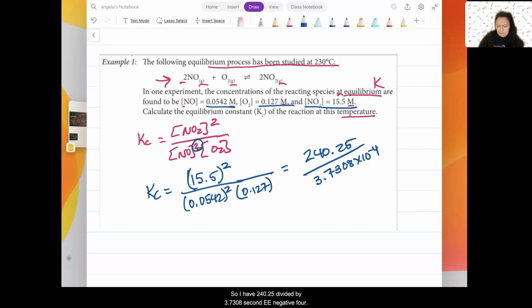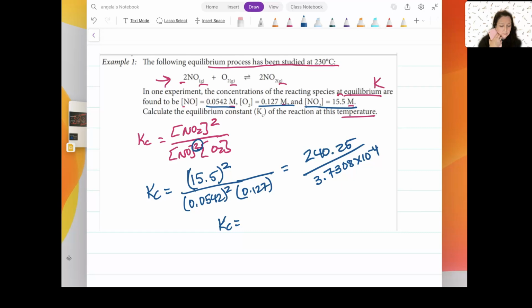So I have 240.25 divided by 3.7308 times 10 to the negative 4. Kc equals, I get this great big long number. Okay, so let's take a look at our sig figs.